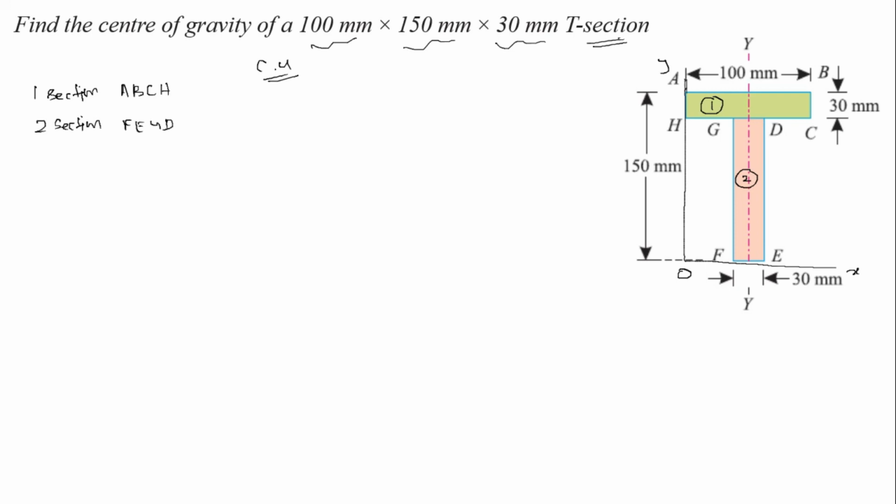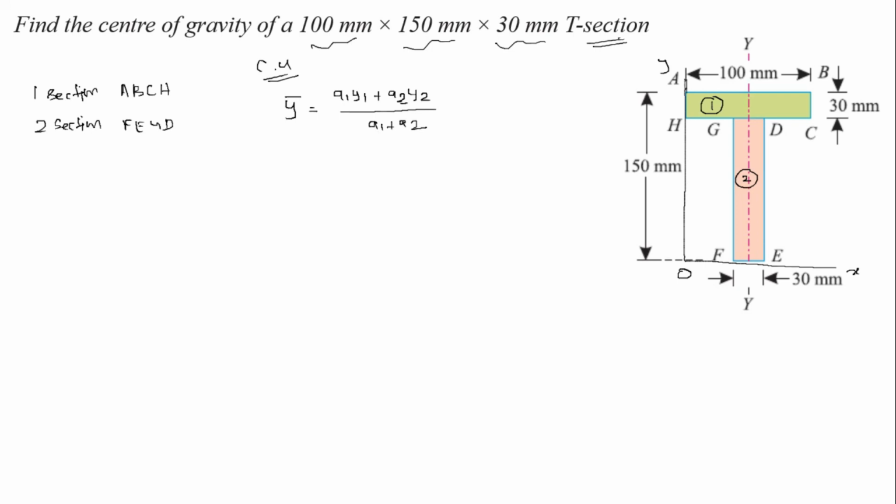This given section is symmetric about y axis, right. So, this is the y axis and this given section is symmetric about y axis. So, we have to find only y bar. What is the formula for y bar? Y bar is equal to A1 y1 plus A2 y2. Only two sections are there, that is why A1 A2, divided by the sum A1 plus A2, right.